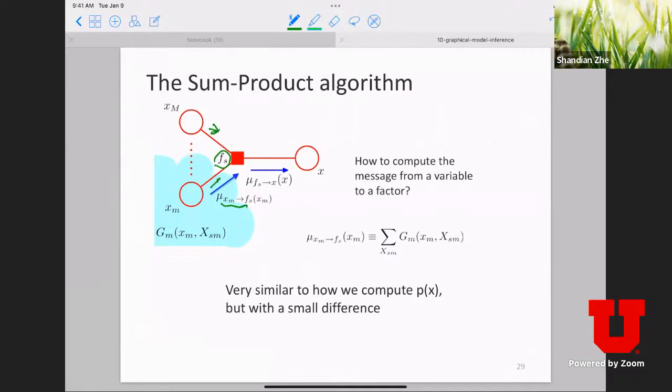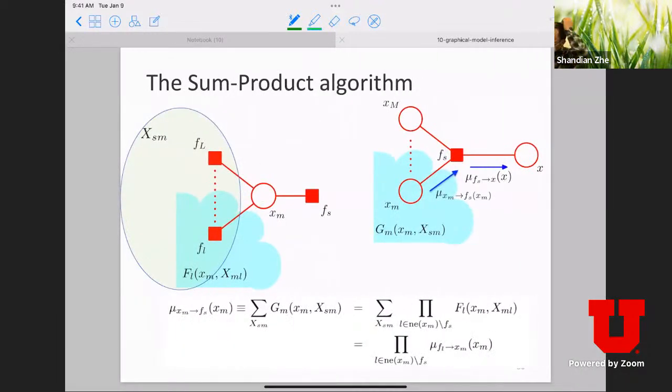But now, how do we calculate the required message from variable node to factor node? It's very similar to how we compute the marginal distribution of x. We just multiply all the incoming messages to that variable node, except the target factor.